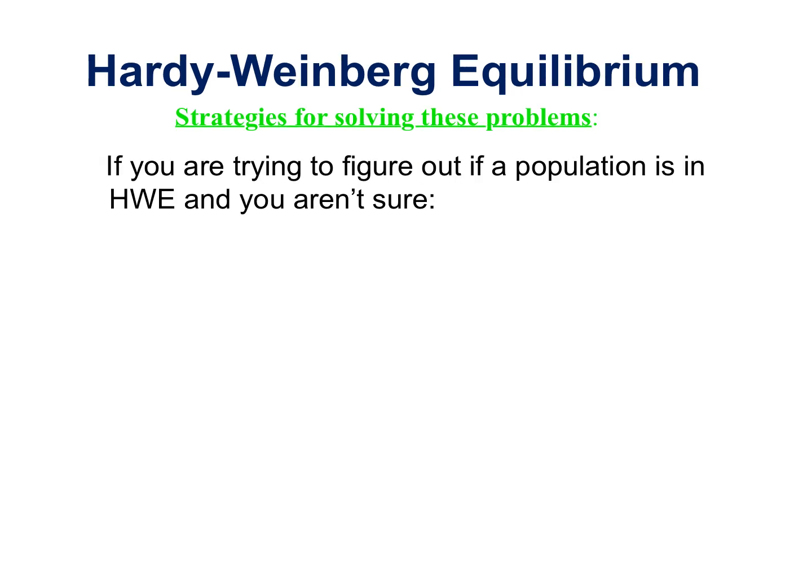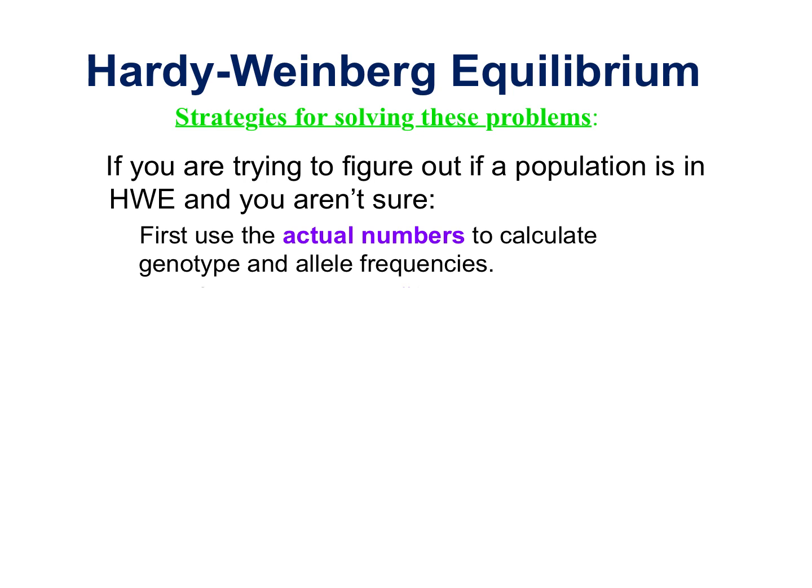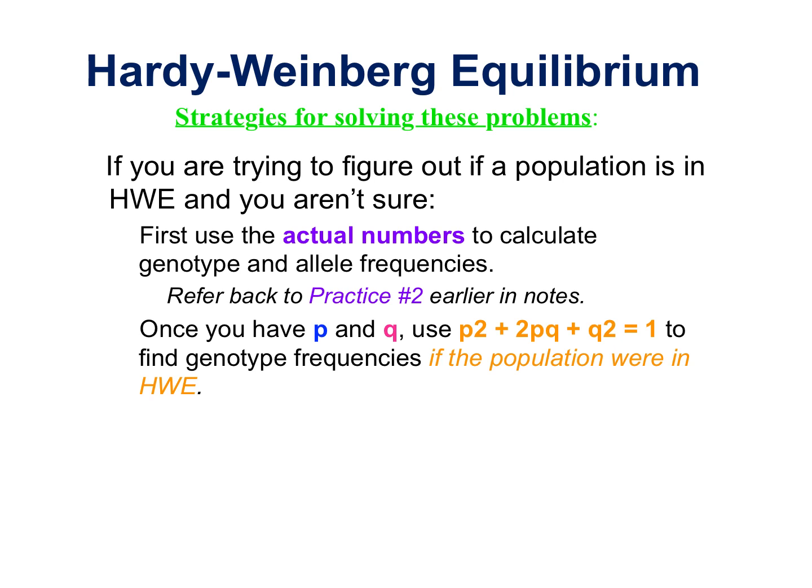And the second tip we have here is that if you're trying to figure out if a population is in Hardy-Weinberg equilibrium or not, and we're not sure, the first thing we want to do is use the actual numbers to calculate the genotype and the allele frequencies. We would want to look back at our practice problem number 2 for this. So once we have determined what p and q are, then we can use our equation to find the genotype frequencies in the population.